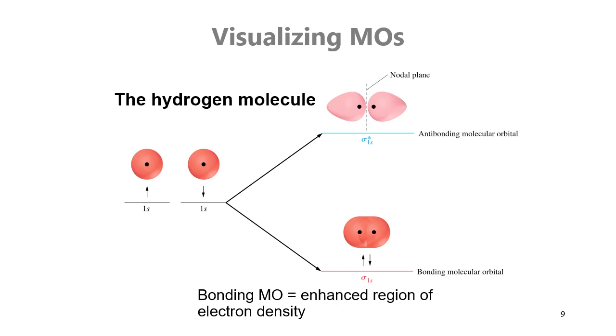You can see the difference in the shape of the orbitals. This is a bonding orbital and this is an anti-bonding orbital, which has a nodal plane. The energy for anti-bonding is much higher than bonding.